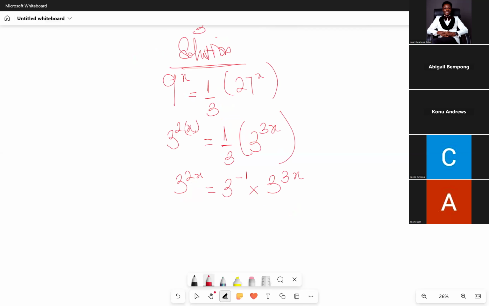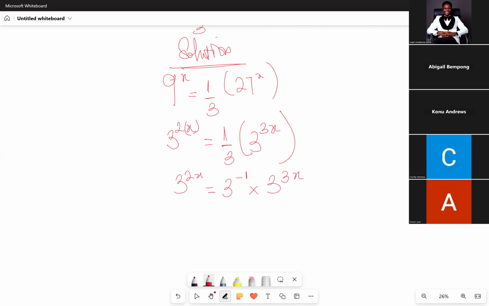Since the bases are the same, 2x equals negative 1 plus 3x. But you know what? It's better to solve that portion first.